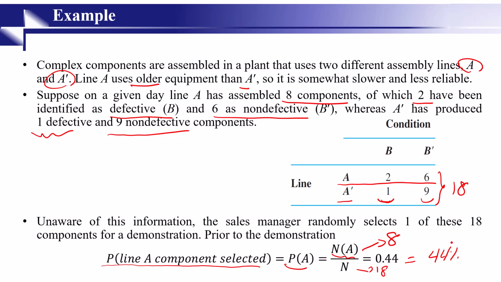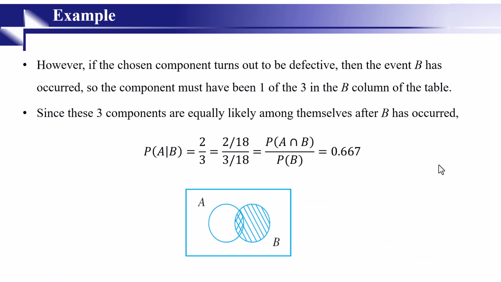Continuing our example, if the chosen component is defective, which we show by event B, there are only 3 defective components, 2 from line A and 1 from line A prime. Now, what's the probability that this selected defective comes from line A? We show this by the probability of A given B. Out of those 3 defectives, 2 are from line A. So the probability of A given B is 2 out of 3.